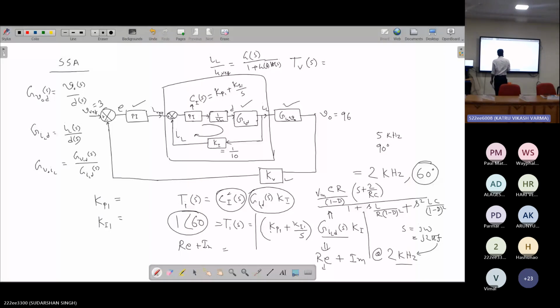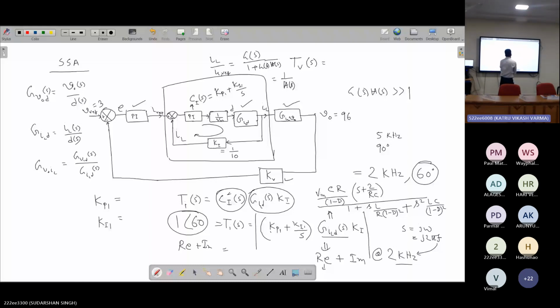Now, if you think that your loop gain, G(S) into H(S), is much greater than 1, which is what happens in all practical cases, then this IL by IL ref transfer function will become 1 by H(S), which you can replace by 1 by Ki only.